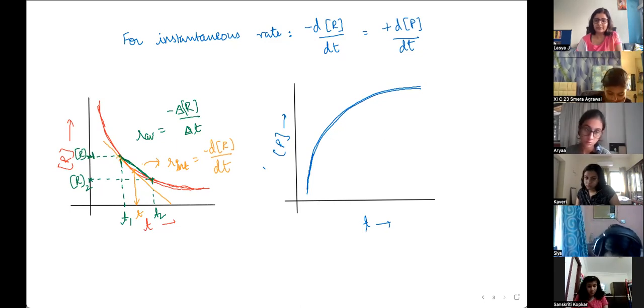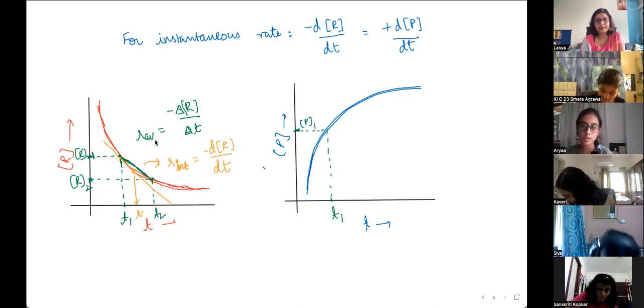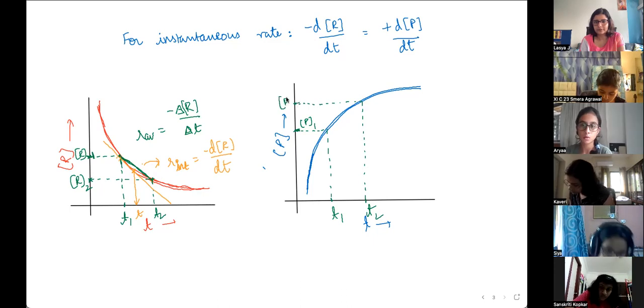Same thing here also. Do you want to draw this or write this on your own? Let's say T1. Our AV is our average and our INT is our instant. This is P2.